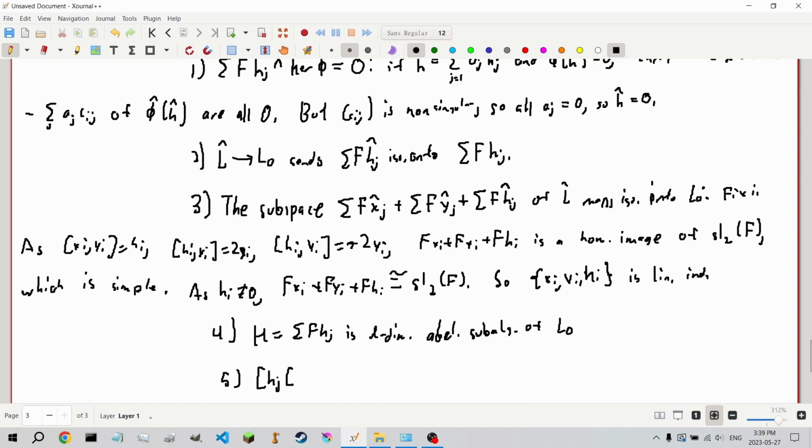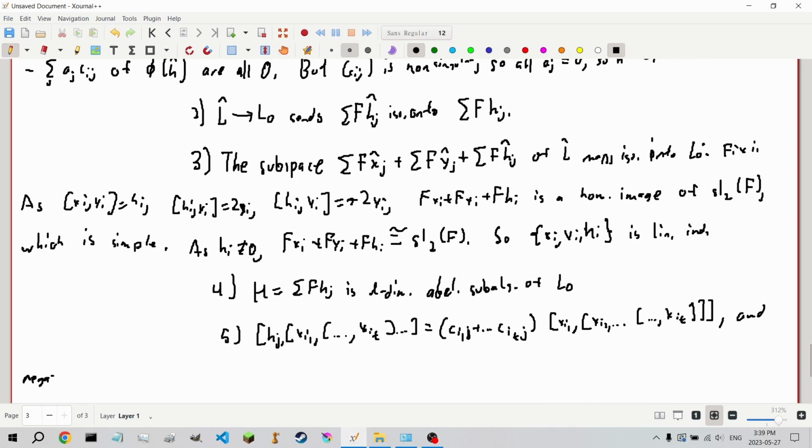The bracket of h_j on the bracket of x_i1 on the bracket through x_it, you understand what's going on there, is equal to the sum of the Cartan entries c_i1 j plus through c_it j times x_i1 on the bracket of x_i2 on the bracket all the way into x_it, and negative this for y instead of x.